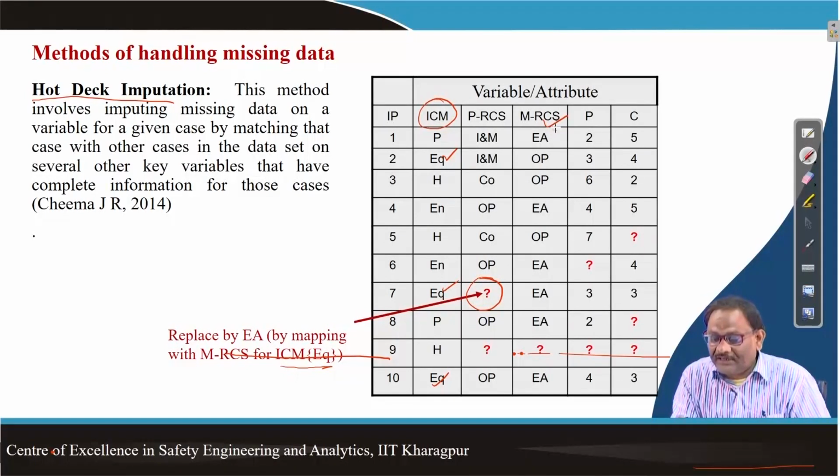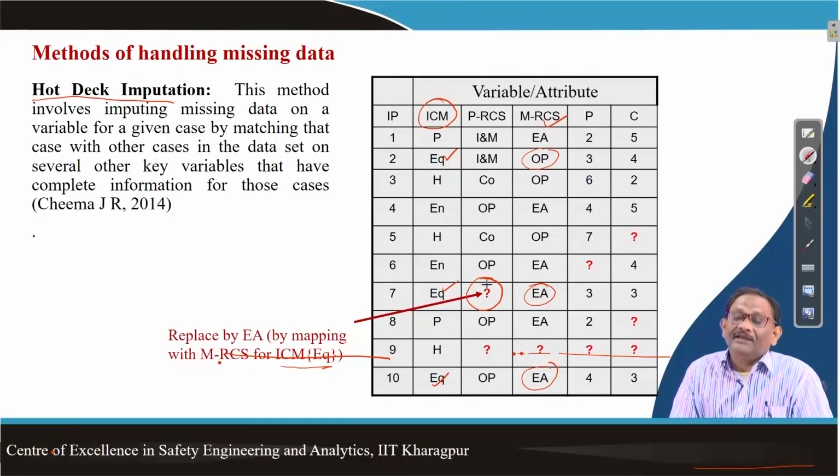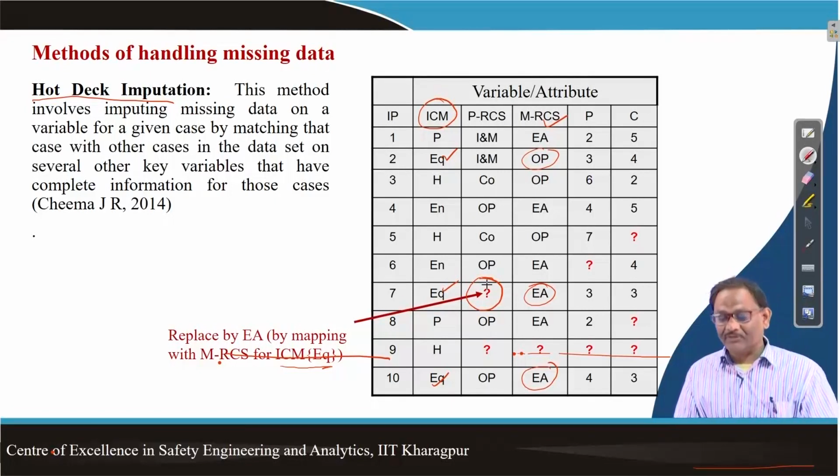Then we found out that for your MRCS, the equipment related cases, here emergency arrangement, here also emergency arrangement, here it is operating procedure. So out of 3, 2 cases favor emergency arrangement. Maybe if you can consider some other attributes here, that is also better. But here we have one possible imputation, EA, that is called hot deck imputation.